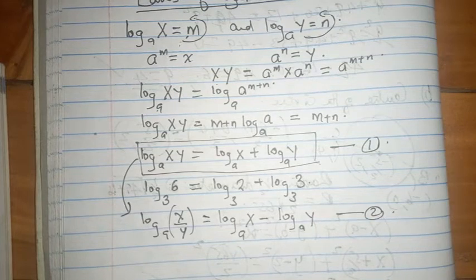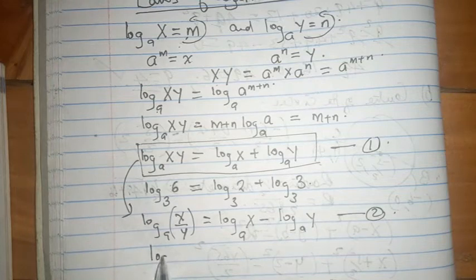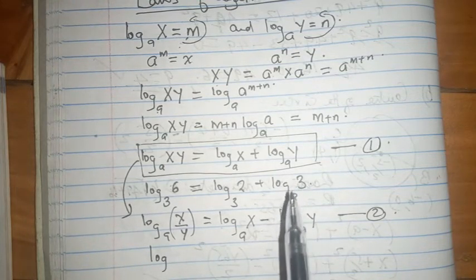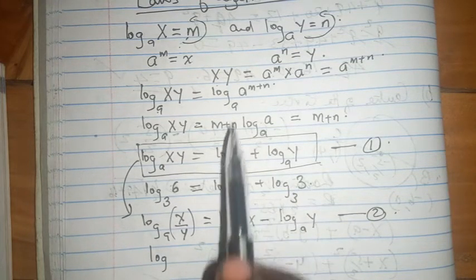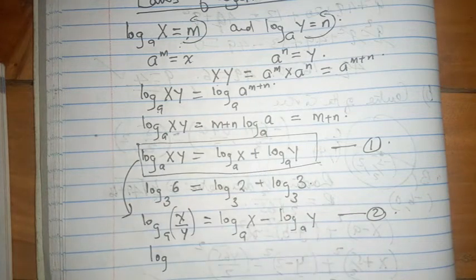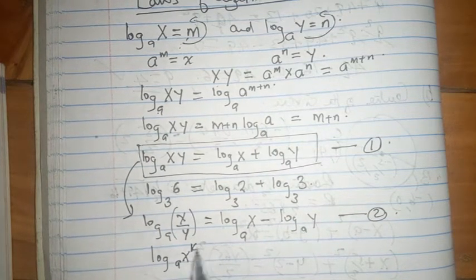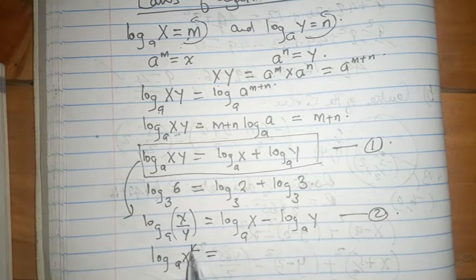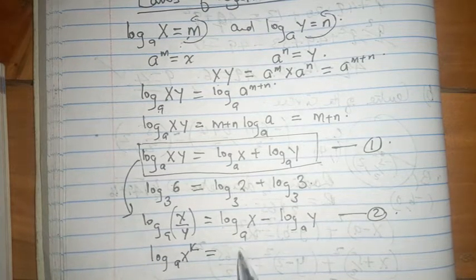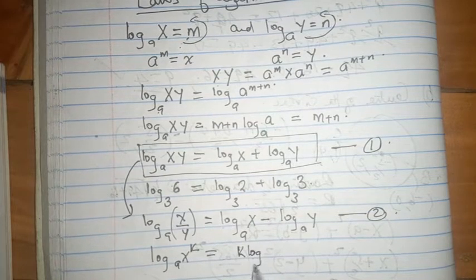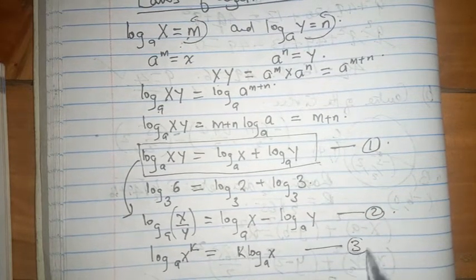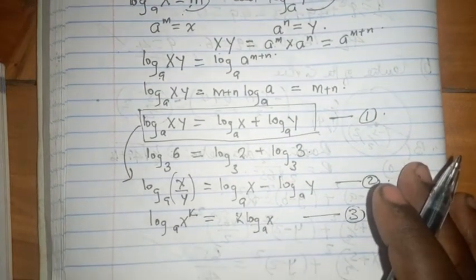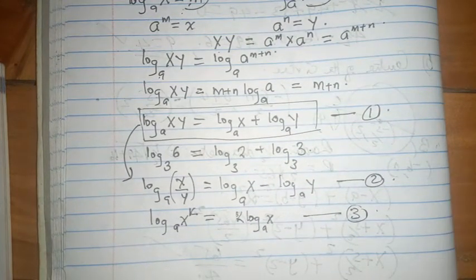We can go to the third law: log to base a of x raised to power k is equal to, this index becomes a multiplier now, k log to base a of x. And you can call this law 3.